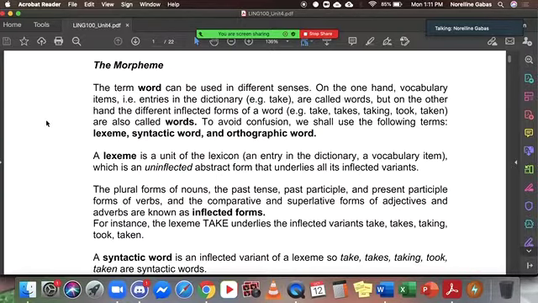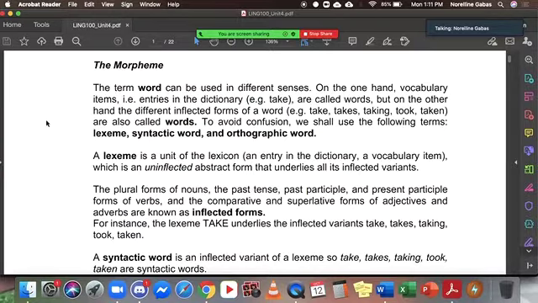But on the other hand, the different inflected forms of the word take: takes, taking, took, taken, are also called words. To avoid confusion, let us use the following terms: lexemes, syntactic words, and orthographic words.